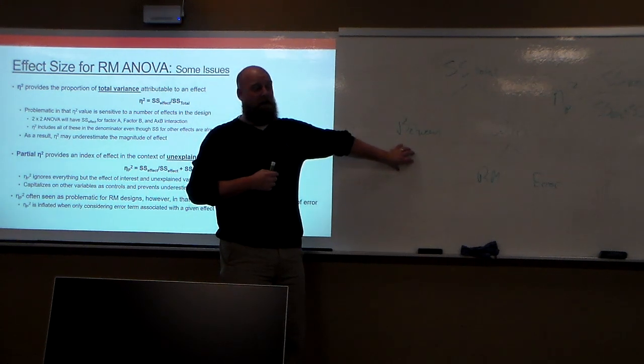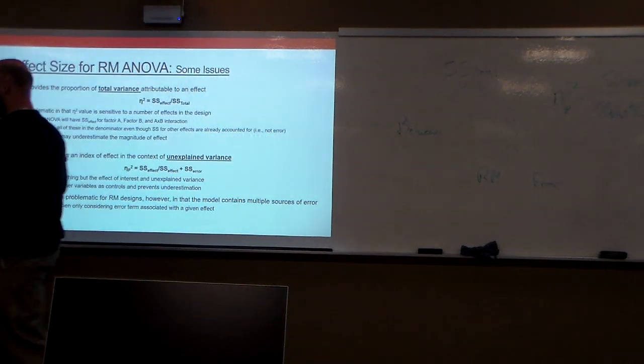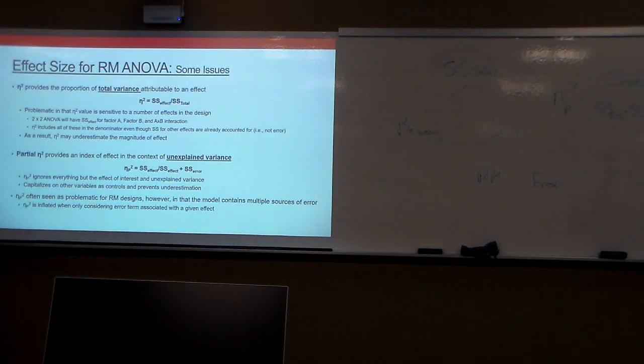A massive amount, right? And so the concern is, if I'm just running a partial eta squared in a repeated measures design, I've taken all this variability, this between groups error, right? And this is not stuff that we actually, I mean, we identified as between subjects error, but do we know why people differ on stuff?